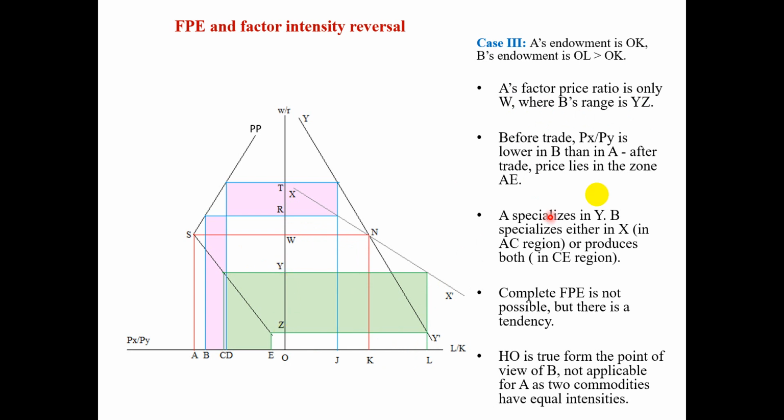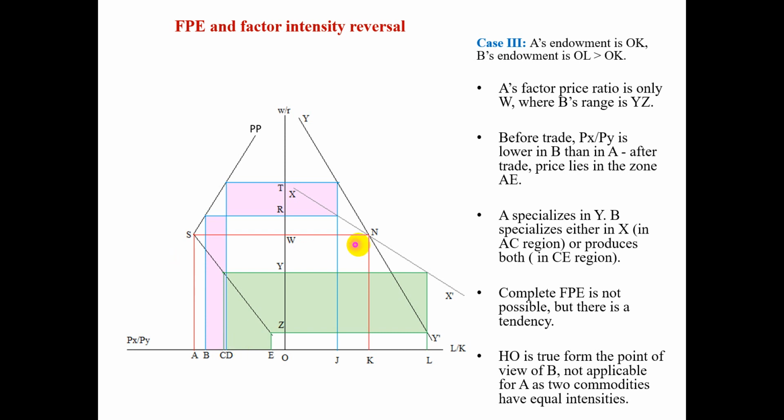Now before trade, Px by Py in country B is lower than that in A, obviously, because A's commodity price ratio is this, OA, whereas B's commodity price ratio will be lying in this zone CE. So therefore, Px by Py is lower in B than in A. So A will be specializing in Y, B will be specializing either in X, or it will be producing both.